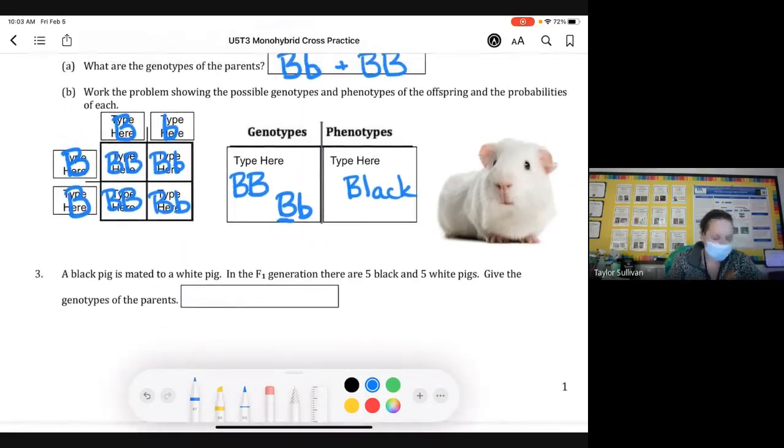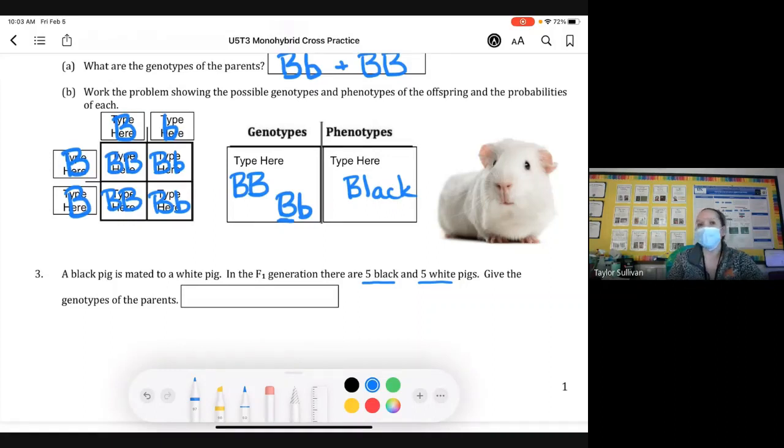All right, so let's look at this last question on the first page. It says a black guinea pig is mated with a white guinea pig. Half of their babies are black and half are white. So we have to figure out what genes the parents would have in order to make black and white babies. Let's look at the white guinea pig.